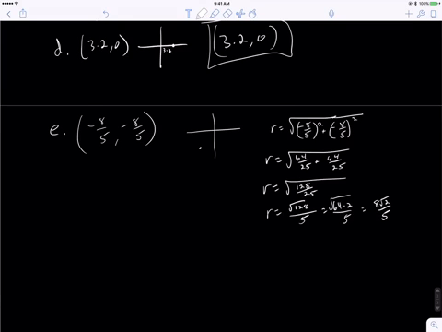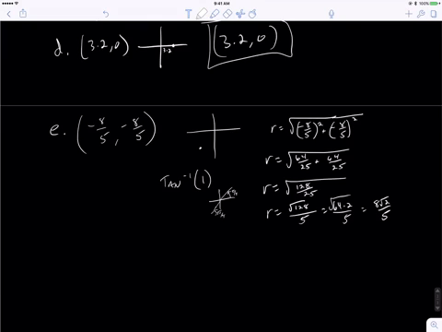That's my r. My inverse tangent of -8/5 over -8/5 is 1. So that occurs again where the tangent is 1. That's at pi over 4, and 5 pi over 4 because we add 180.